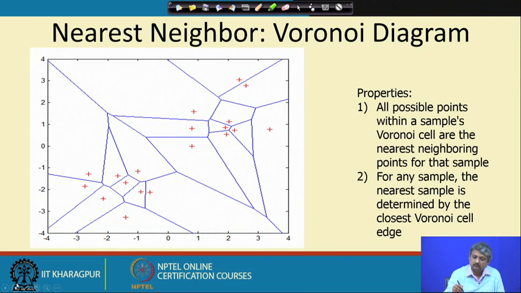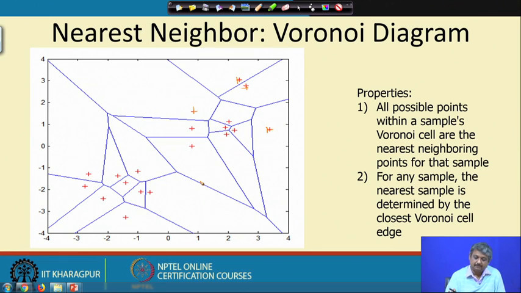So, each of these plus are my training points. Around them, I tile, or it is called a tessellation.